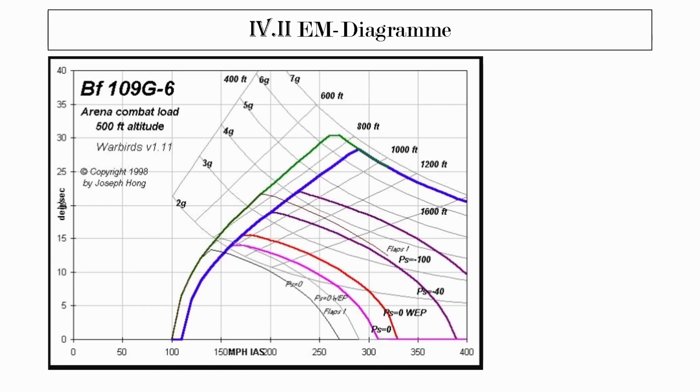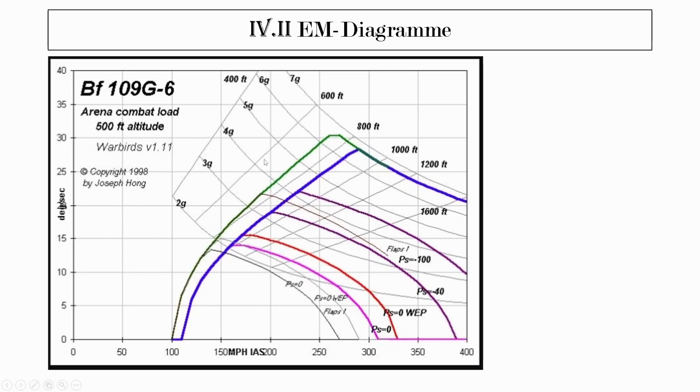This is called an energy management diagram, EM diagram, and what you can see here on the x-axis is airspeed, in this case in miles per hour, and on the y-axis you usually find degrees per second, so turn rate. Speed, airspeed, turn rate. And then you see it's a multidimensional plot, if you will.